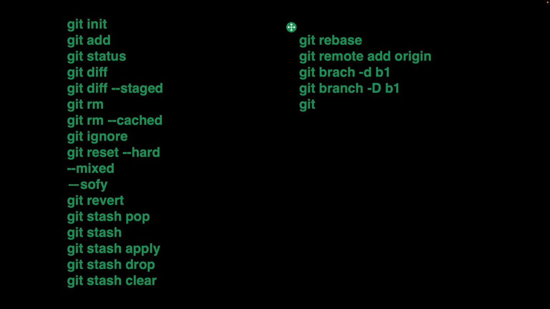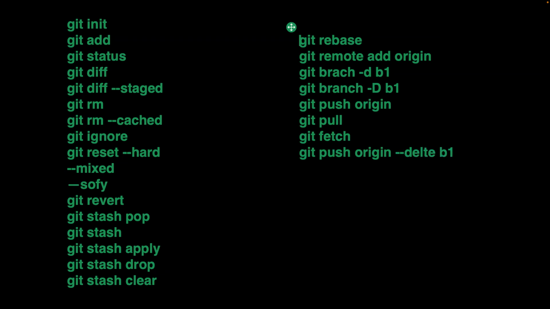Then git push origin, git pull, git fetch. Deletions you can also do with git push origin --delete b1, which deletes on the remote, right? Then git clone, and git remote -v to check the verbose. Pull and push are the same again.